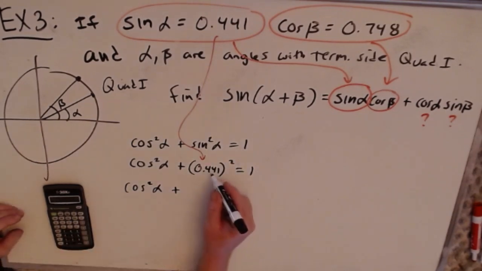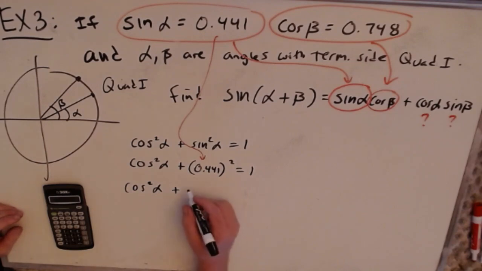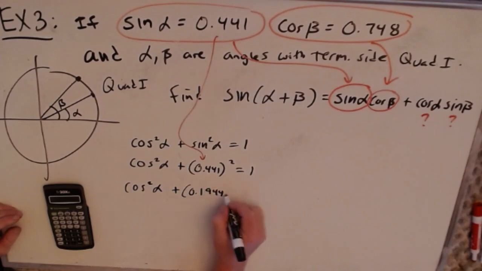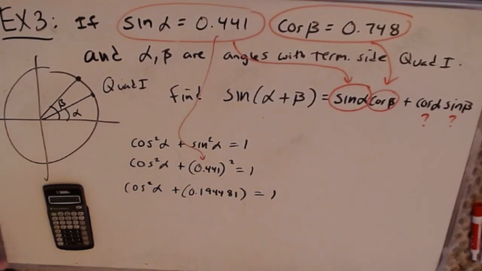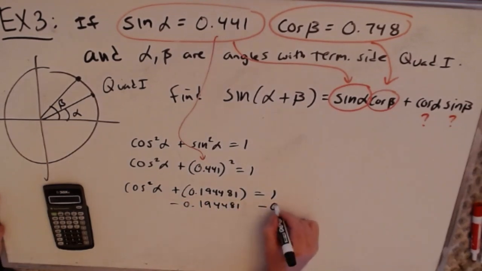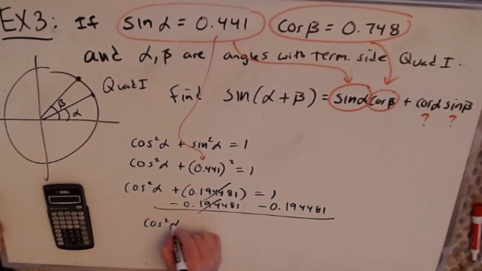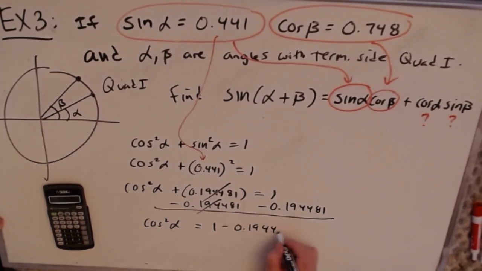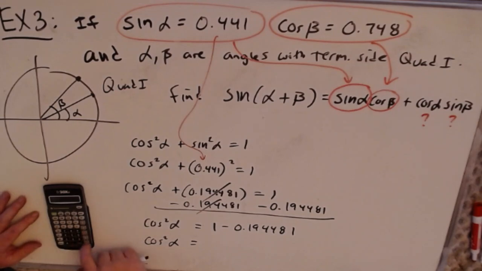So when you square 441 thousandths, you get 0.194481. And now you're going to subtract that from 1. I'm using my calculator.